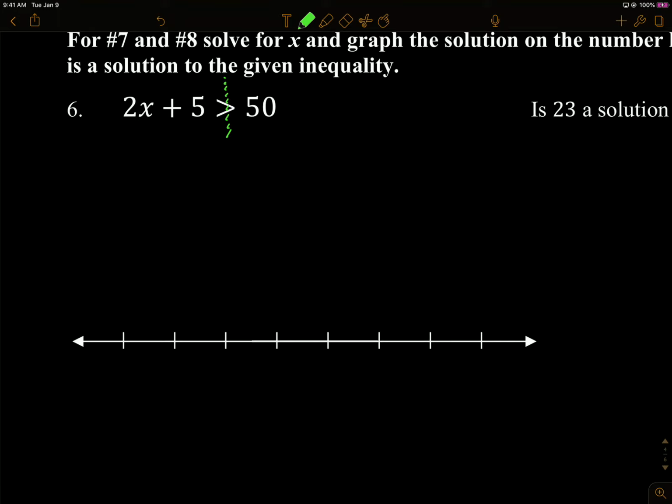It's all the same stuff that we did with solving equations, except for one minor detail. When you multiply or divide by a negative number, you must flip the inequality.